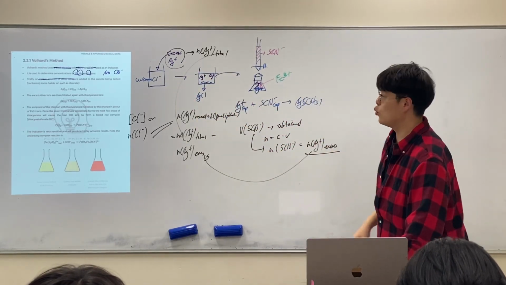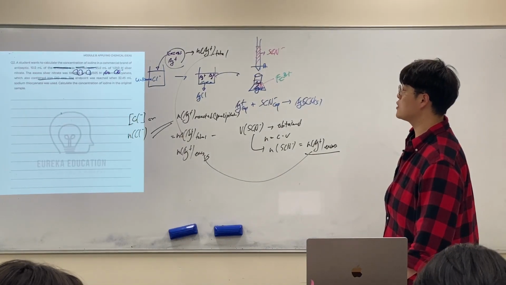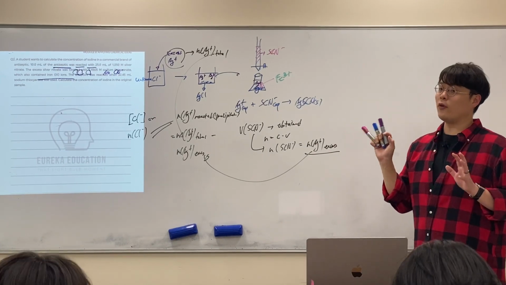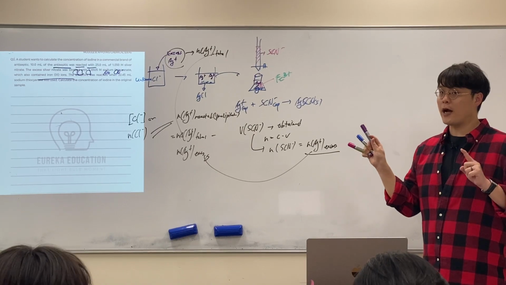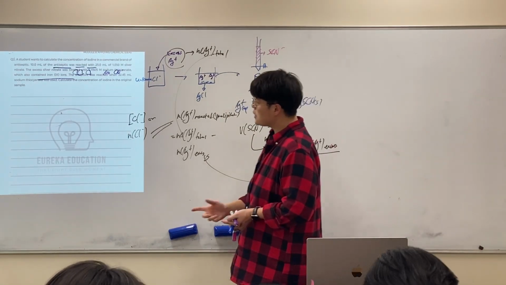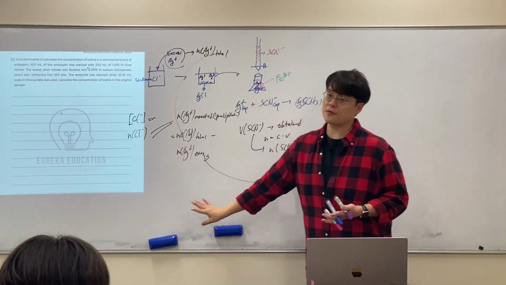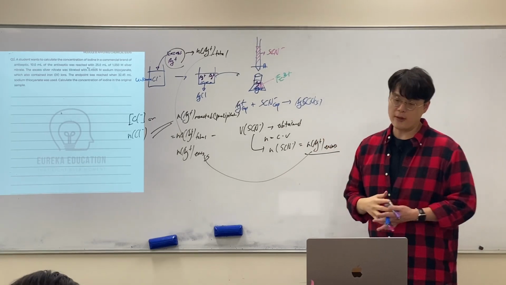Okay, let's do one question. Question 2, page 73. This is showing the Volhard's method. Okay, that's question 2. I'll give you about 5 minutes to read and do this question. Think about how this flow chart, how this method, is related so that you can get your value.